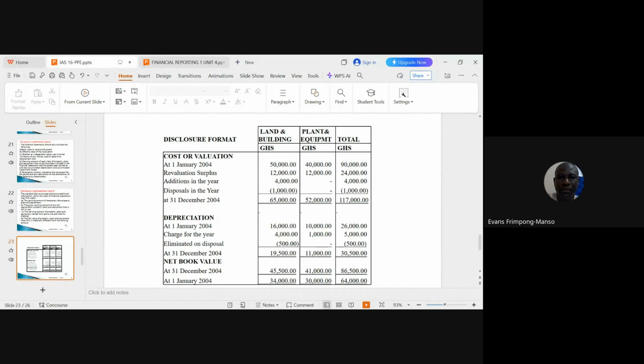Then look at the depreciation at the beginning of the year: land and building is 16,000, plant and equipment is 10,000. When you subtract the depreciation from the cost at the beginning, you get 34,000 and 30,000. So it is not anything difficult at all.